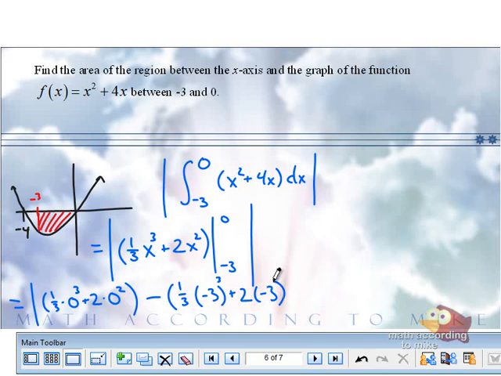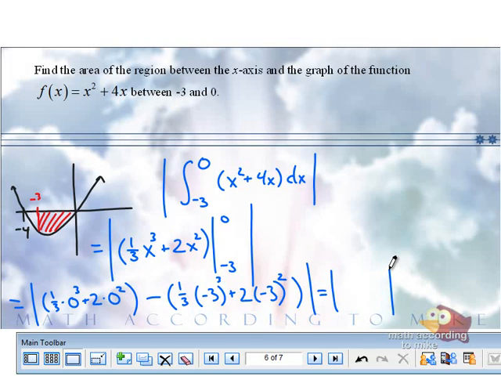For most of the time, when you stick in 0 into a polynomial after you've integrated, yeah, you might get 0. However, remember, we've already done some exponents, some logs, some fractions, and they were not always going to give you 0.